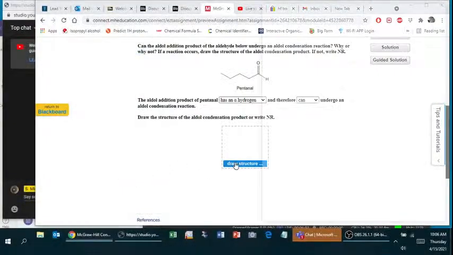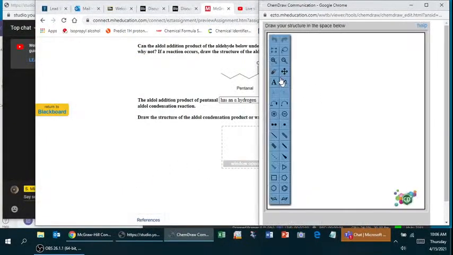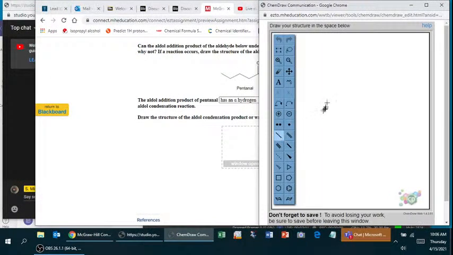Now, for the condensation product, again, don't worry about drawing it pretty in the program. So what I can do, flip it over to the desktop again. I'm going to draw pentanal, and then beneath it, I'm going to draw it again.